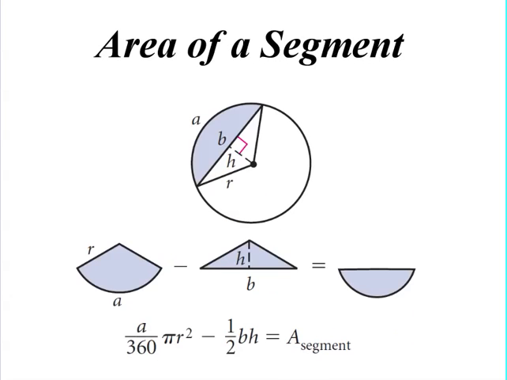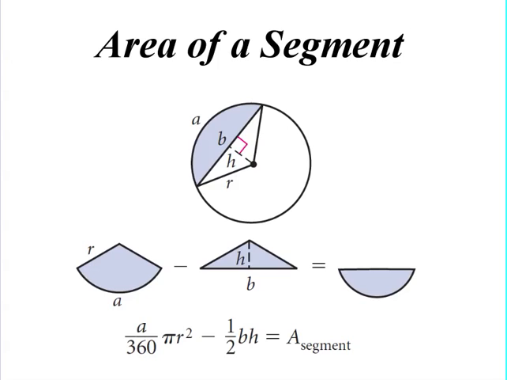All right, so now what we're going to do is how you find the area of a segment. Now this one's a doozy. Okay? So first of all, how you find the area of a segment is you're taking the area of a sector first. And then you're subtracting off that triangle. The area of the sector first minus the area of that triangle.